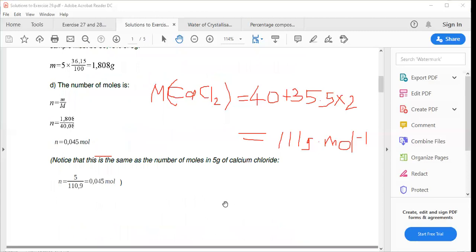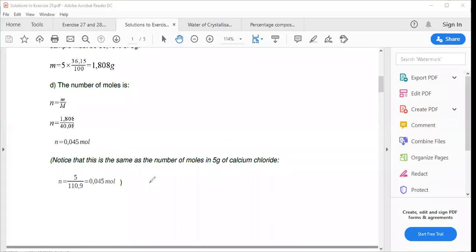So basically, let me just redo this so that you understand what I'm doing here. Number of moles is equal to mass over molar mass, which is equal to the mass, the 5 grams that we had, over the molar mass.